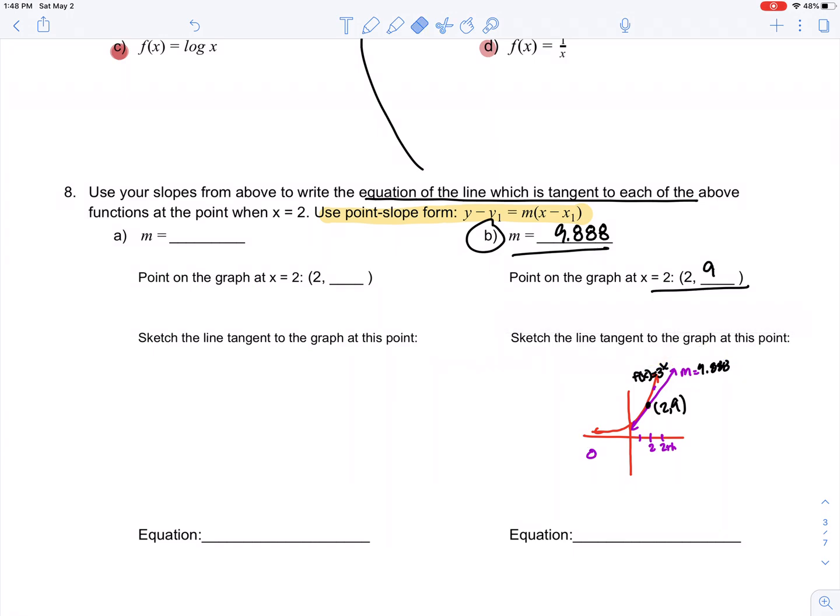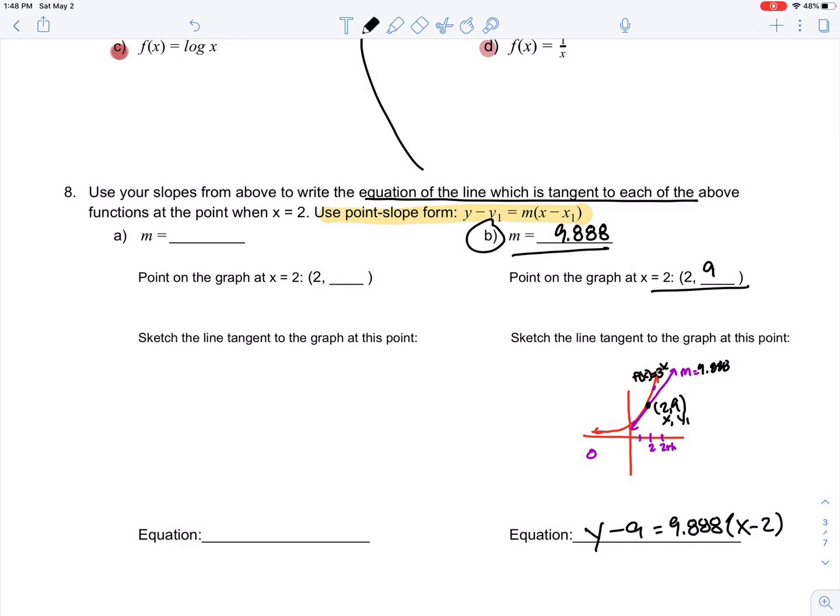All right, so now when I write it in point slope form, I'm going to do y minus your y coordinate. Remember, this is x1, y1. So it's y minus the point on the graph, equal to your slope, which is 9.888, what we found using the calculator, times x minus 2. That would be the equation of the line tangent to that graph at x equals 2.